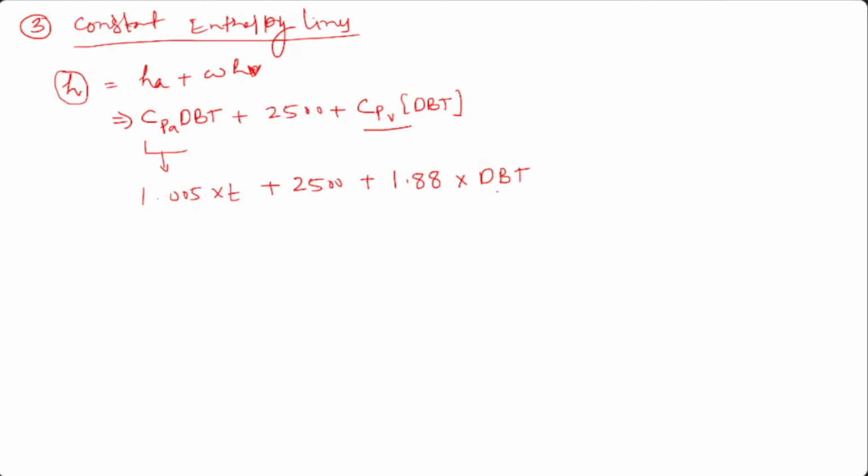If it is given, then you can consider it, and if it is not given, you can take the value 1.88 for this CPV, and for CPA you can take 1.005. Okay, it's clear. This is the H.